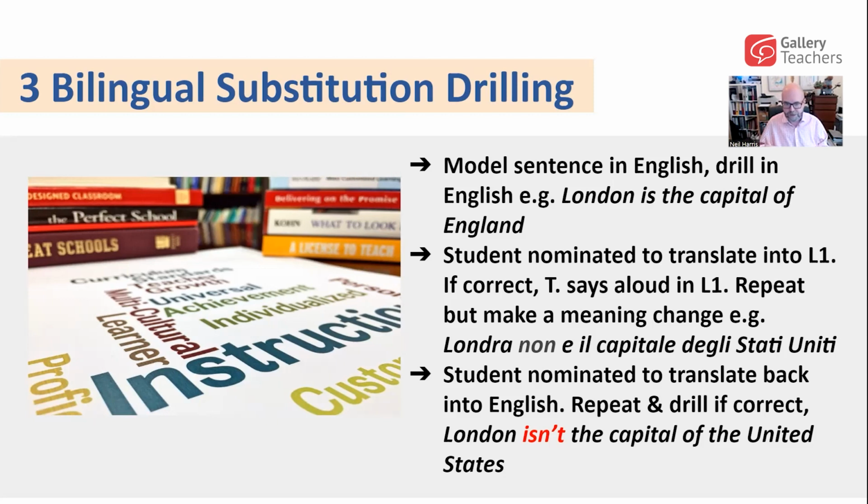A further change is made. Paris isn't the capital of Japan, and so you move on. So it's a substitution drill working at an intonation level, but working through the two languages at the same time, which is, I think, the way that many people actually conceptualize the language they're learning.